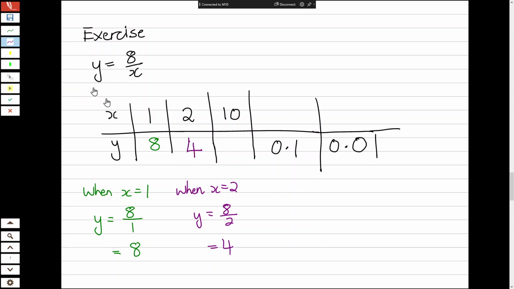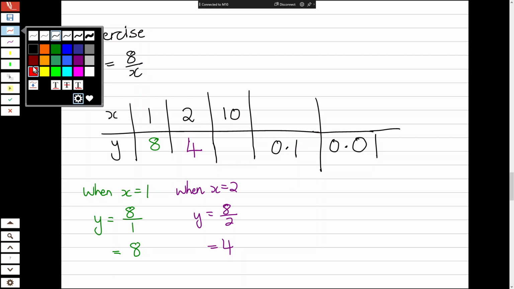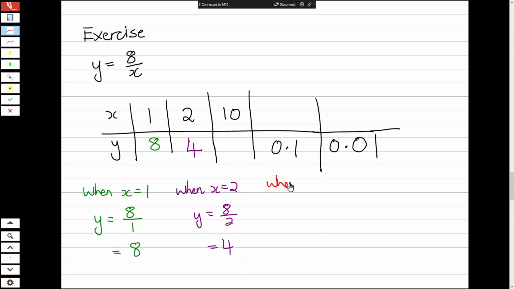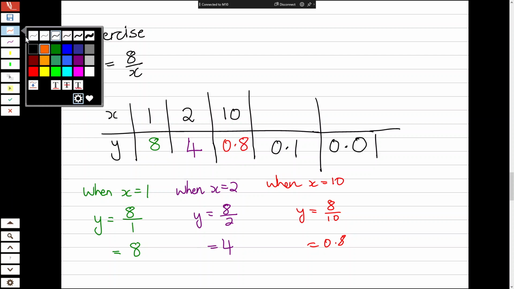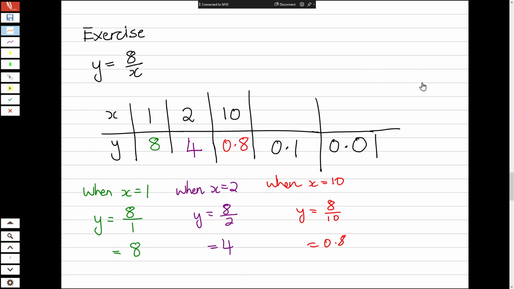So if y equals 0.1, so it's 0.1 equals 8 over x, and then you just go 0.1x equals 8.